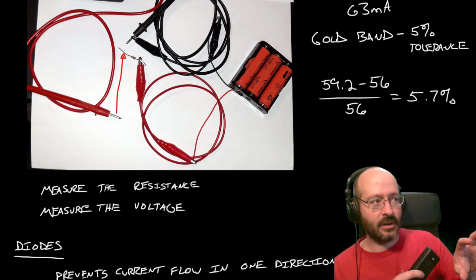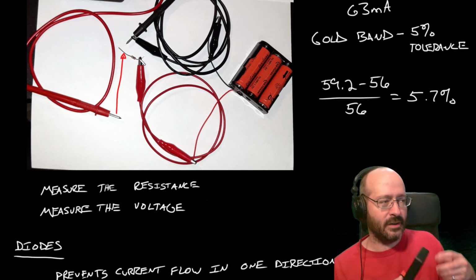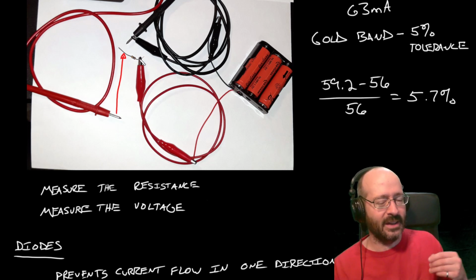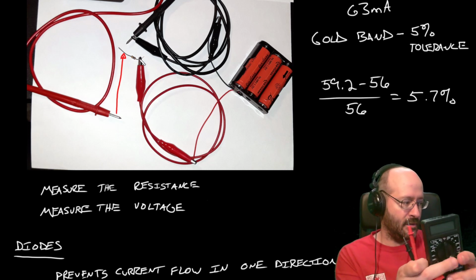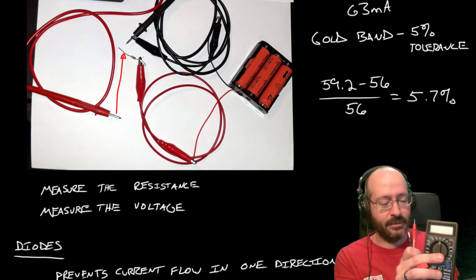Nothing else can be in the circuit. Everything's got to be out. Otherwise, you're going to give current other paths that it can flow, and it may load down the voltage differently and change the measurement.